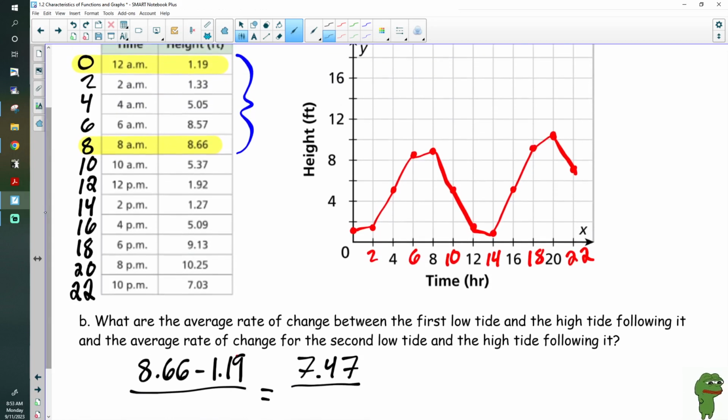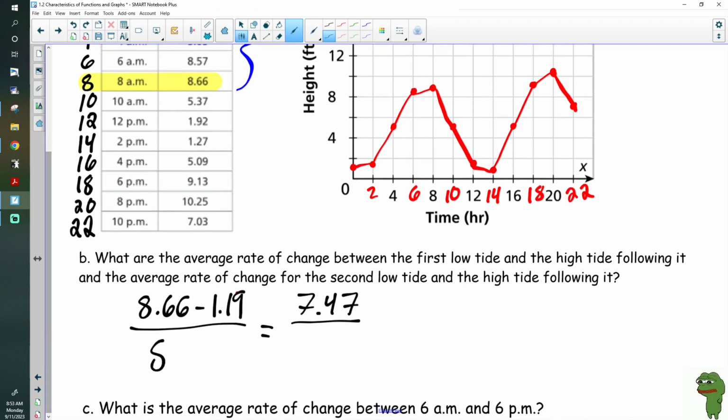So 8 minus 0. How many hours happened from 0 to 8? 8 hours. So 8 minus 0 is 8. And now we can figure out how the water's changing per hour. So let's divide.